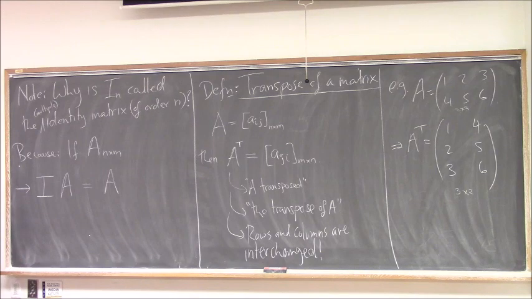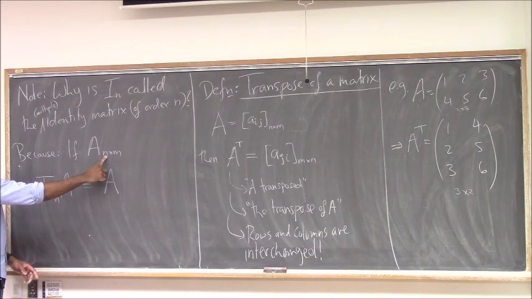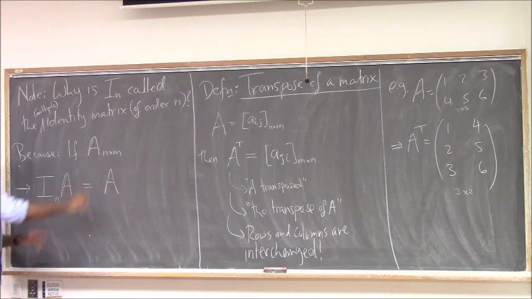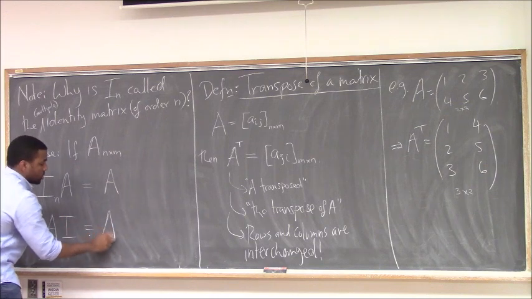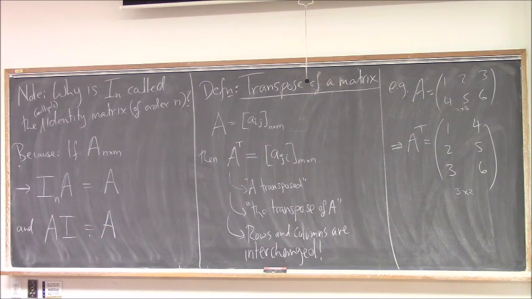What size is the identity matrix here? N. It has to be an n by n matrix. Why? Because the number of rows here must be equal to the number of columns there. We know that In is always a square matrix. And if I have A multiplying by the identity on the right, that is also A, but which identity has to be here?